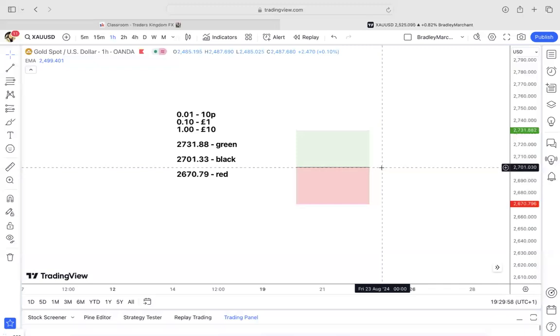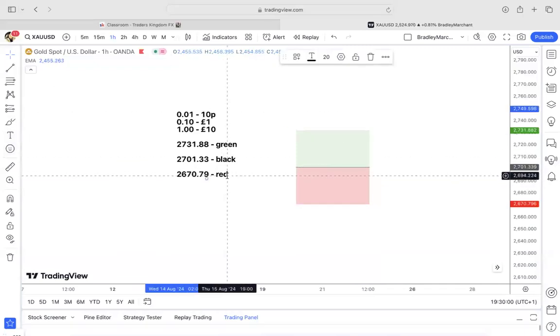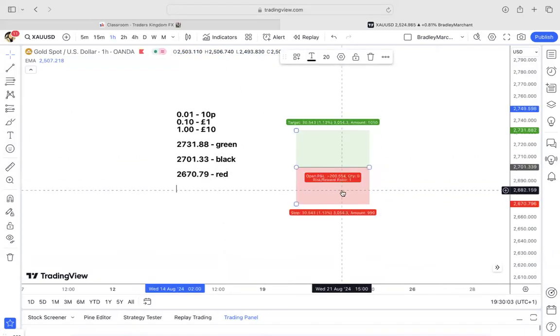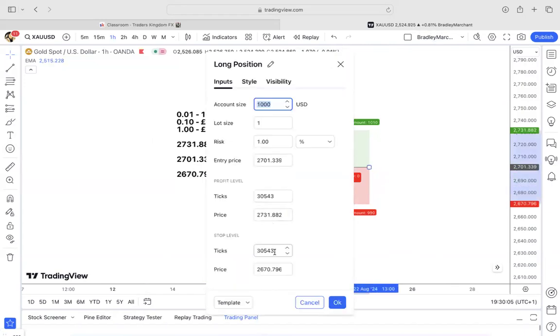But if we enter this trade and you trade on a 0.01, let me make these numbers a little bit different, actually.